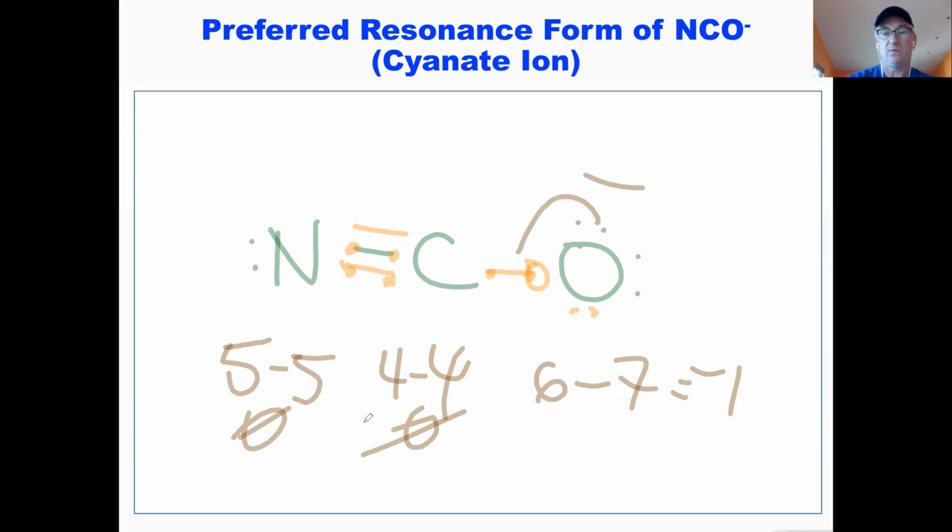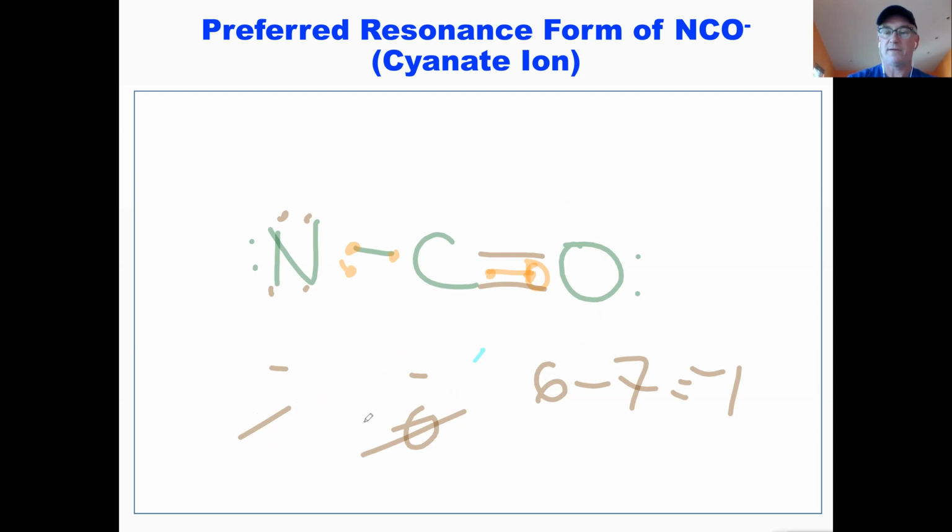So we go 1, 2 for a triple, and then 1, 2 on the nitrogen. So in this instance, we have this. Now, what are the charges in this particular structure?